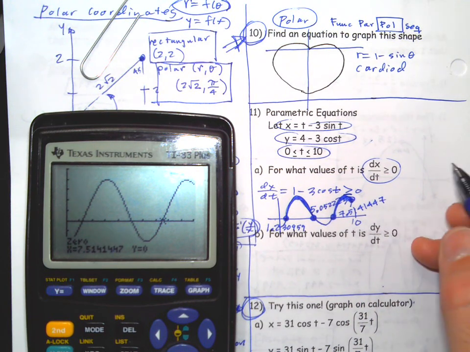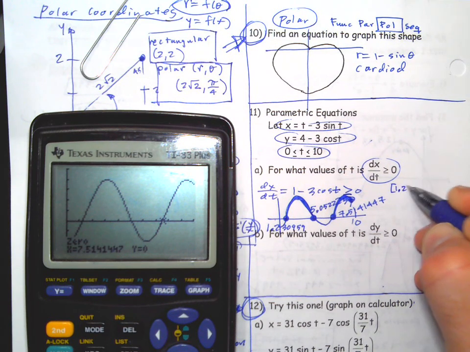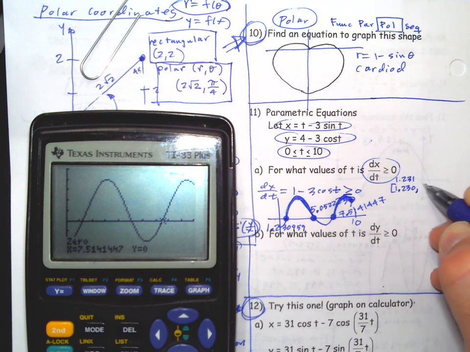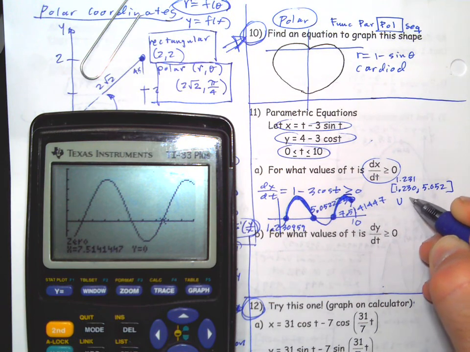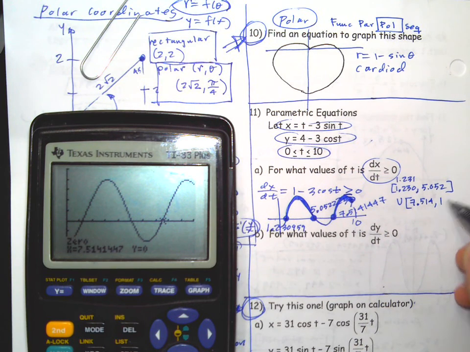So the answer in interval notation is bracket 1.230, or 1.231 if you want to round, comma 5.052, union, bracket 7.514, comma 10.